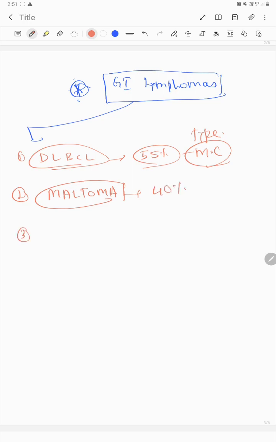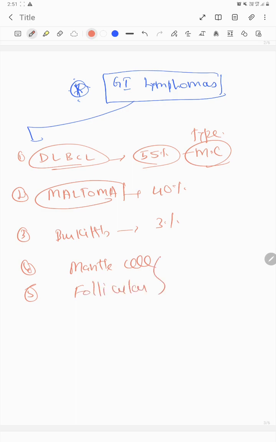Third will be your Burkitt's lymphoma, which is around 3%, followed by your mantle cell lymphoma and your follicular lymphoma, each of 1%.